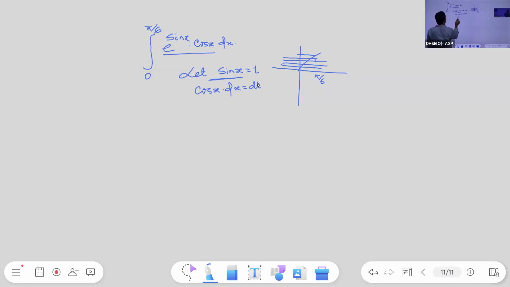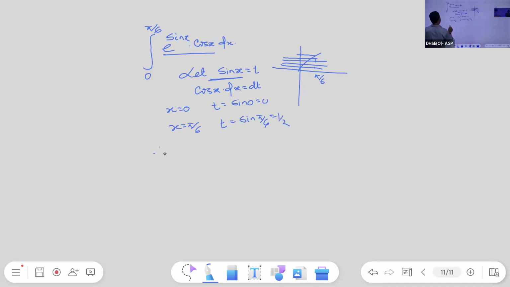If x is equal to 0, then t will be sin 0 is equal to 0. If x is equal to pi over 6, then t is equal to sin pi over 6, sin 30 degrees, half.